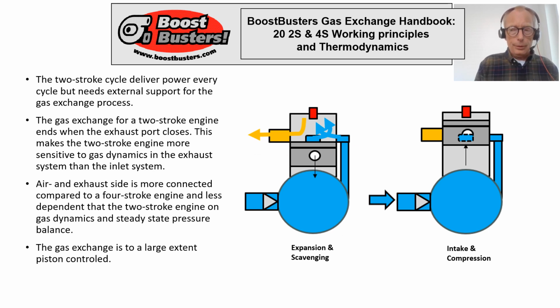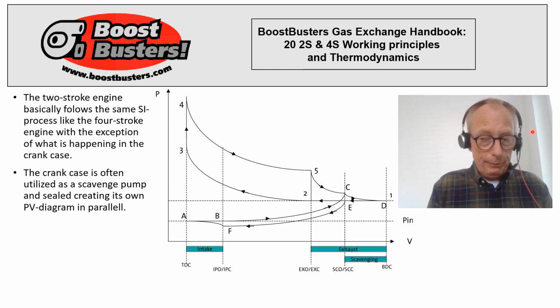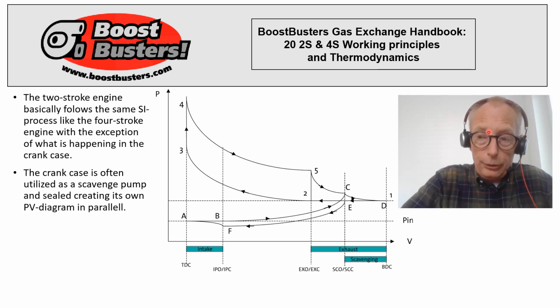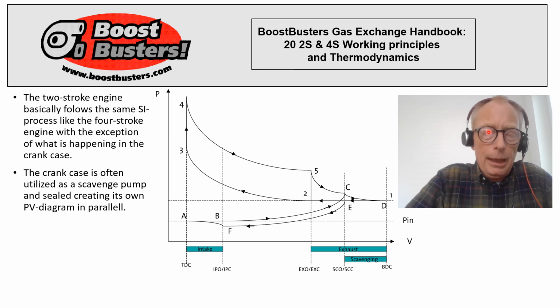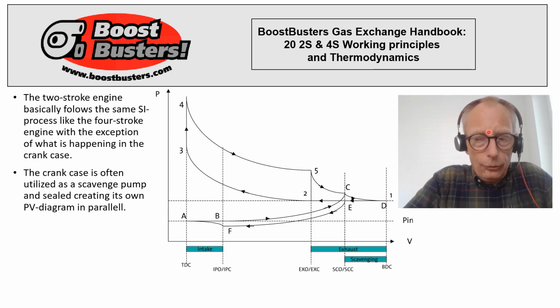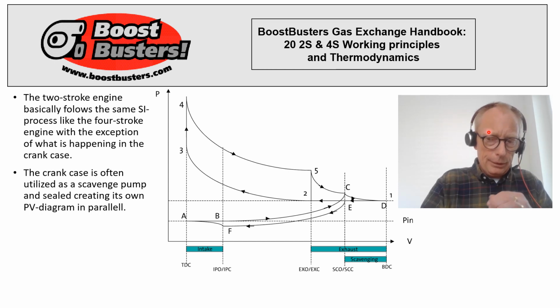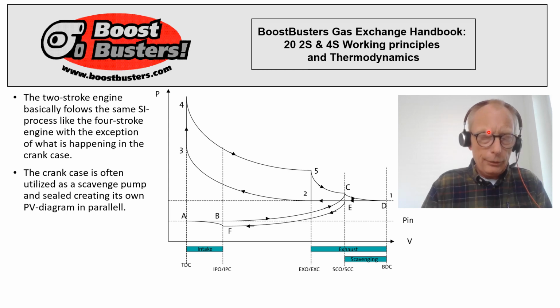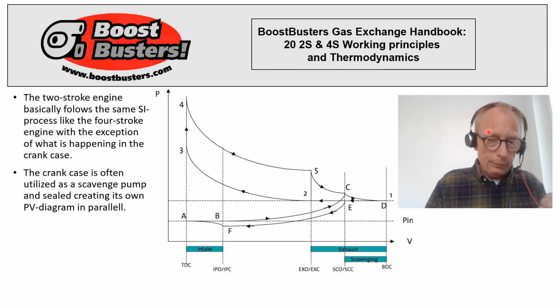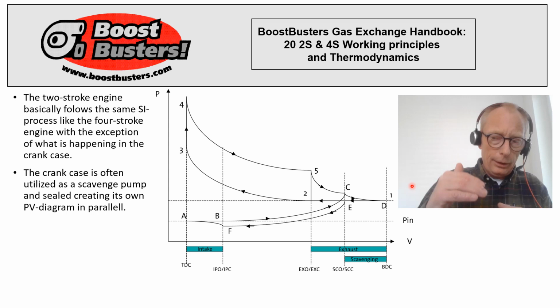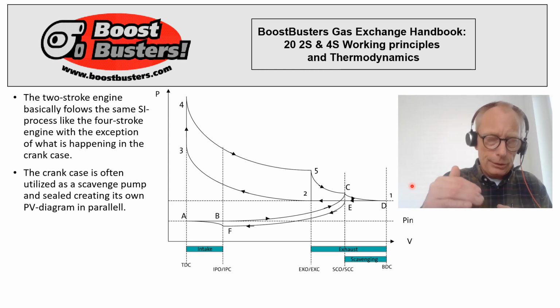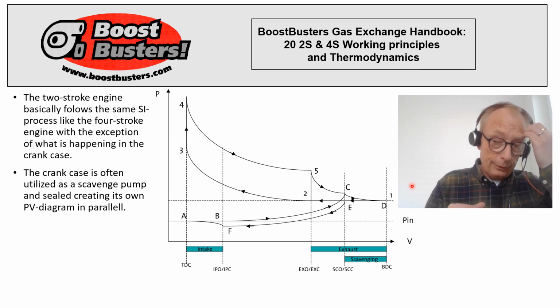And now over to the PV diagram for the spark-ignited two-stroke engine. It's basically the same as on a four-stroke engine, but because the scavenging, or the gas exchange, is taking place more or less simultaneously with the compression and the combustion process, the events are a little bit shorter because the ports take some room and some expansion and compression in the cylinder.